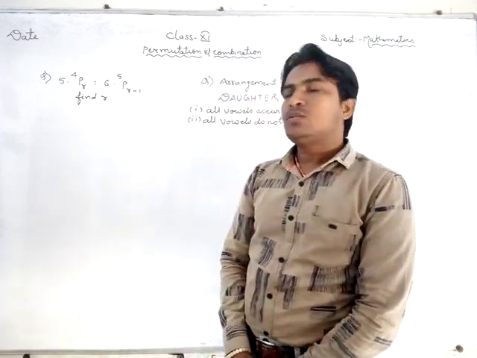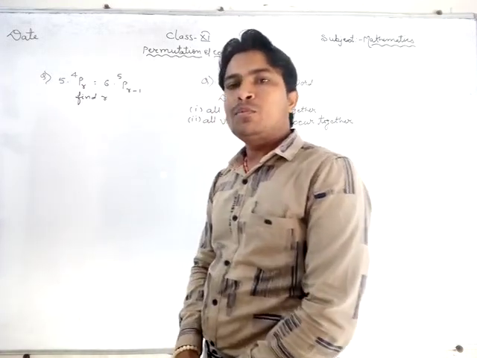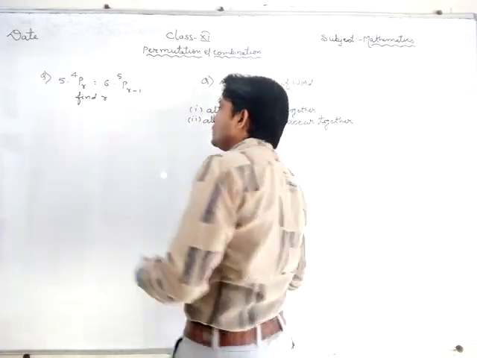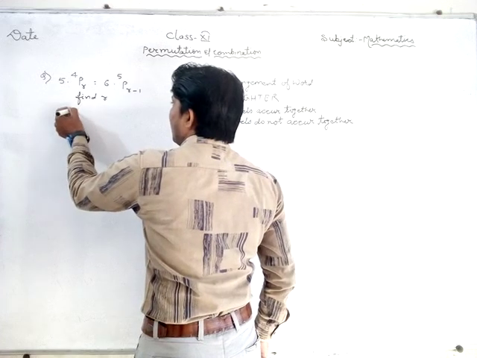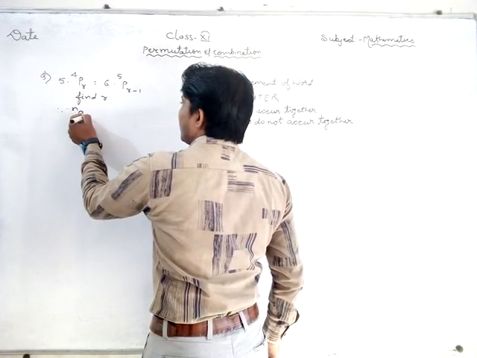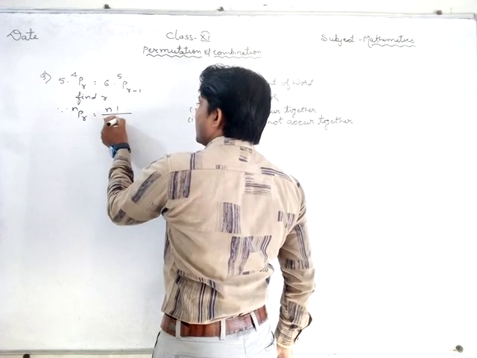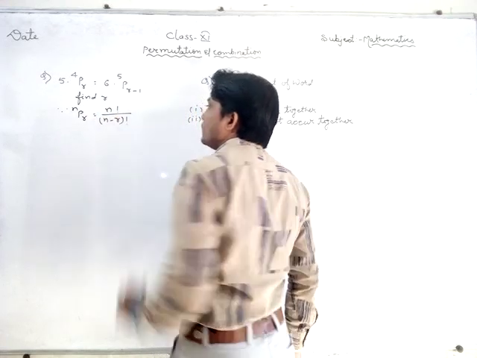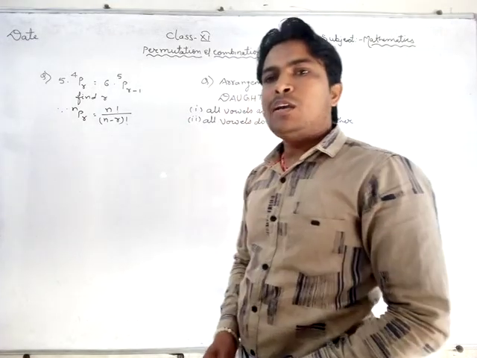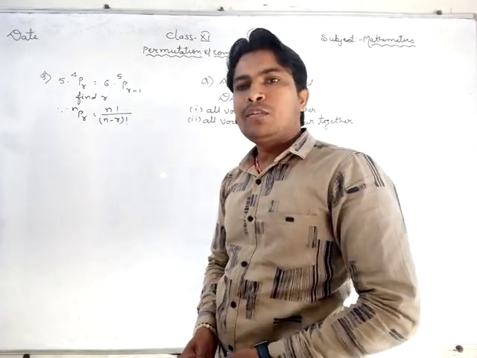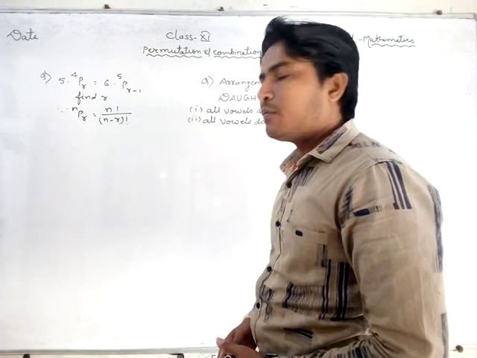First of all, we solve it with the permutation formula, because we know the formula of nPr: nPr equals n factorial divided by (n minus r) factorial.